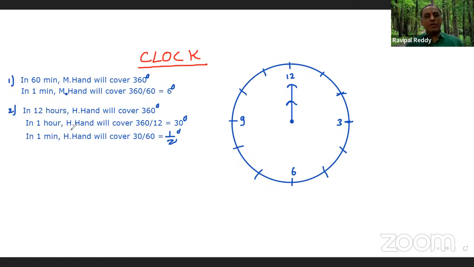Then the hours hand: in 12 hours, the hours hand will rotate one circle. Therefore, in 12 hours it will cover 360 degree. In 1 hour, it will cover 360 by 12, which is 30 degree. 1 hour means 60 minutes. So in 60 minutes, the hours hand will cover 30 degree. In 1 minute, the hours hand will cover 30 by 60, which is equal to 1 by 2 degree.